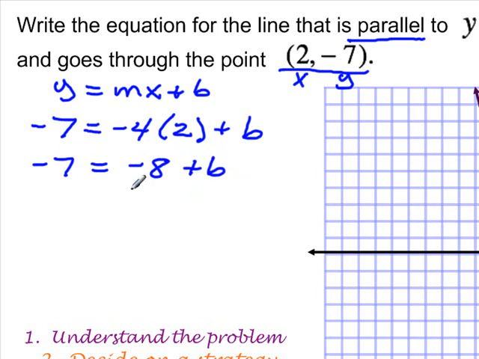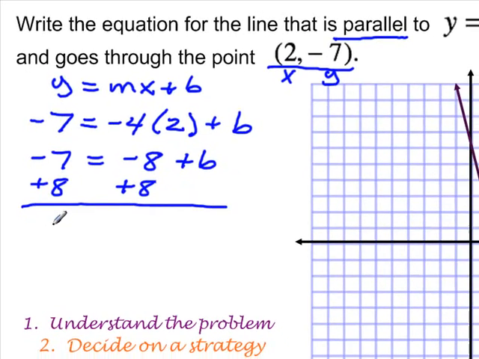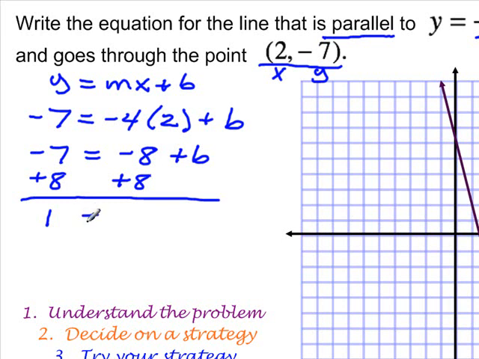And then we can add 8 to both sides of this equation to isolate b. Negative 7 plus 8 is positive 1. And we have solved for our y-intercept. It's equal to positive 1.